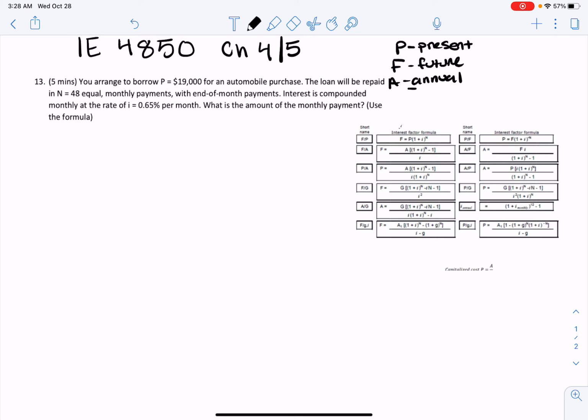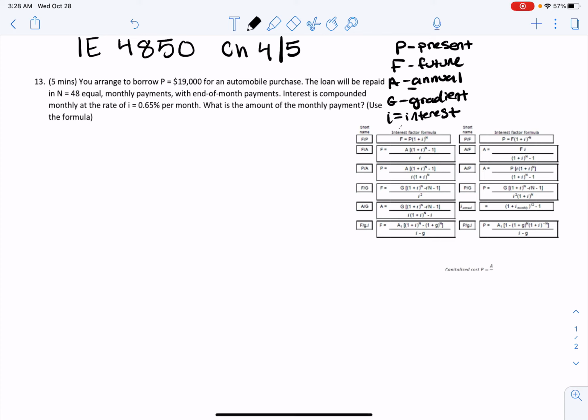So when you see a problem that is either compounded monthly or has monthly payments, or if it's quarterly, that's fine. That would just be your A. We've got G, which is a gradient. And again, these might not all be used, but we've got i, which is our interest.